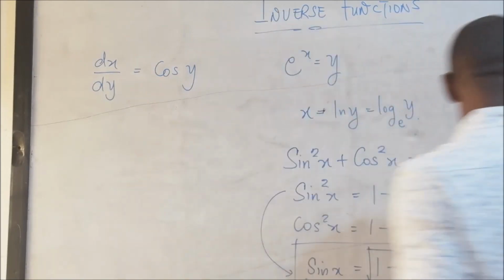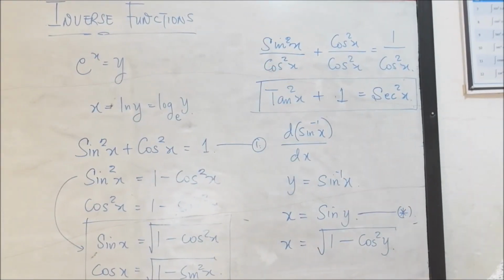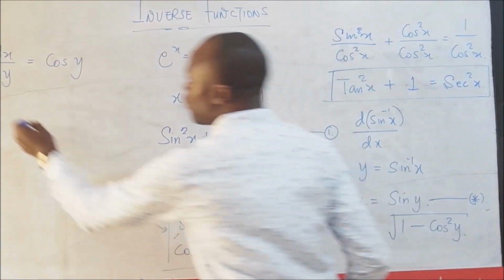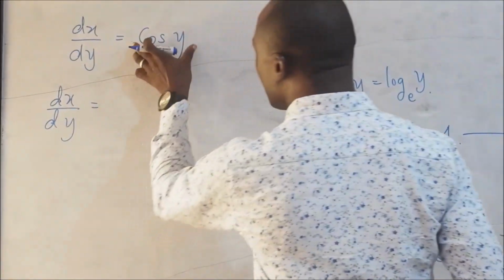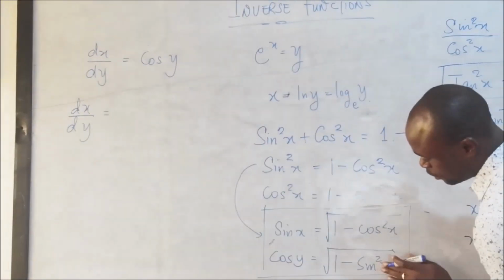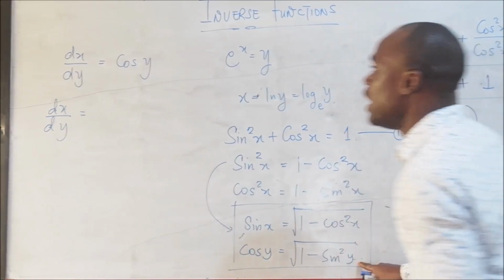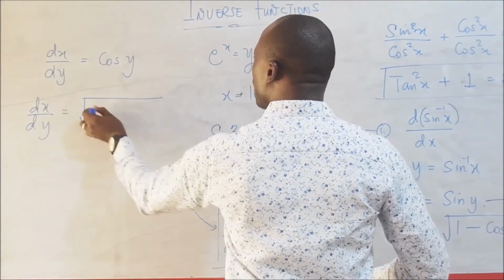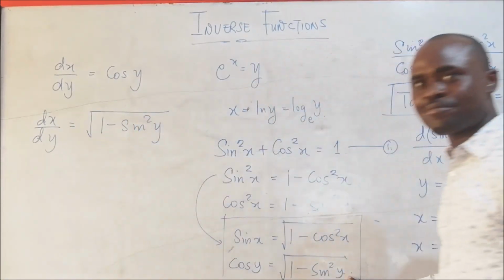If it gives me cos y, then if I replace this, where I'm having cos y, I'm going to be using this. So I'm going to have cos y to be the square root of 1 minus sine square y.